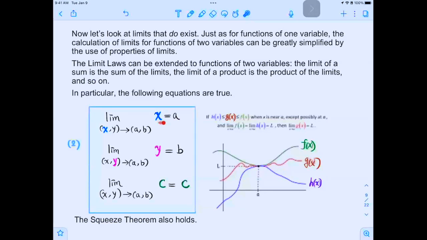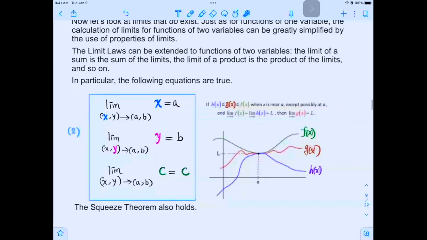But there's something very similar to what we had in Calculus 1. The limit of x as x, y approaches a, b is equal to a. So x, y approaching a, b, then x has to approach a. Do you agree?